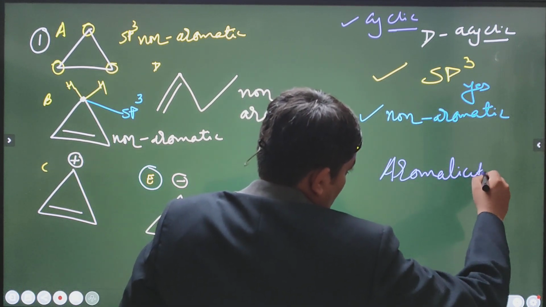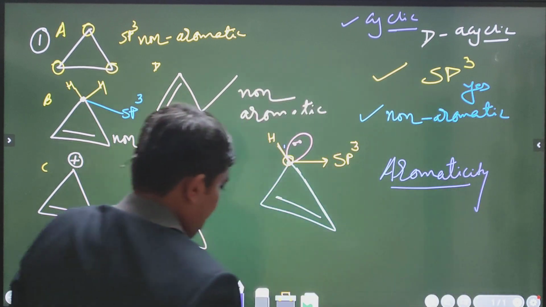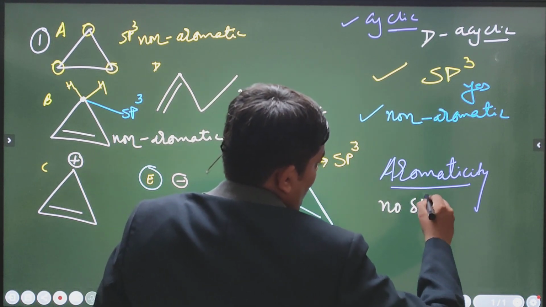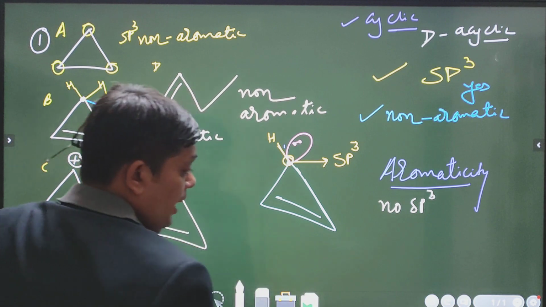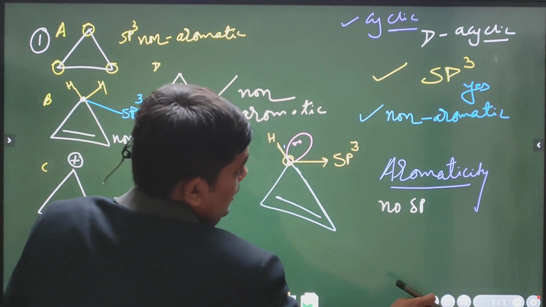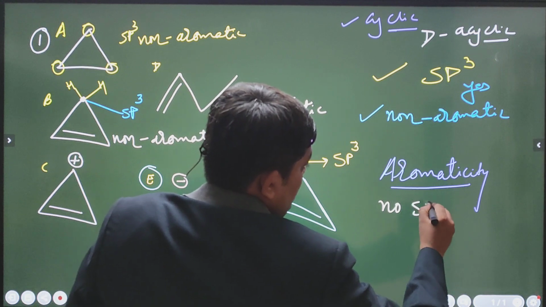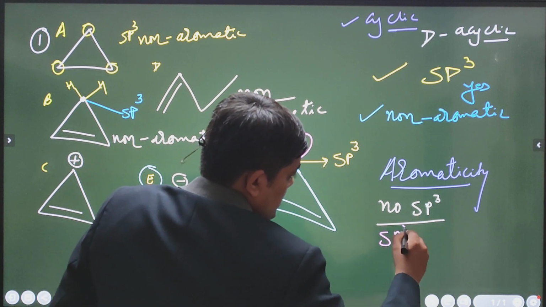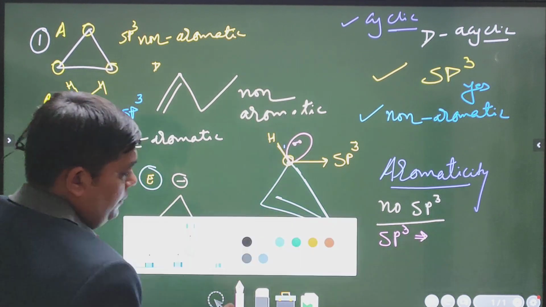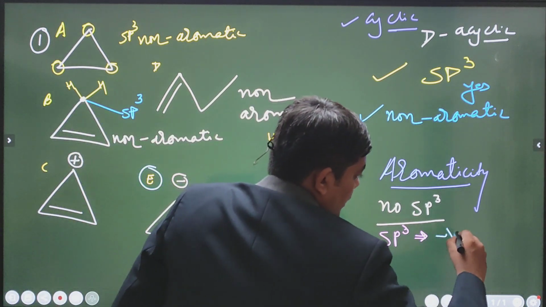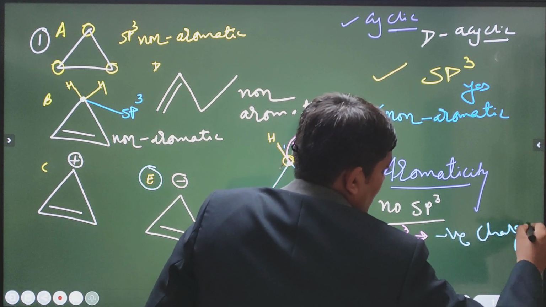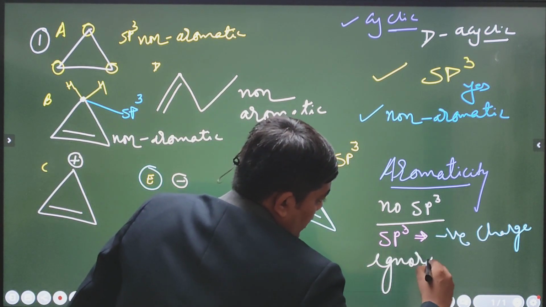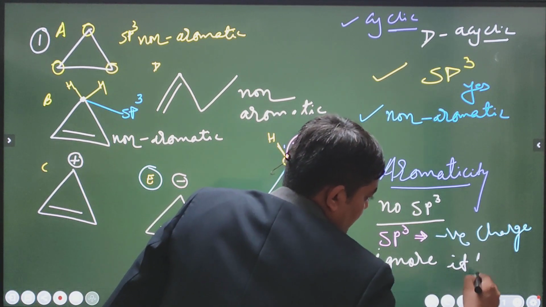In the topic aromaticity, if at all there are no sp3 carbons, and the only sp3 carbon that is present is because of the negative charge, then a very popular word in science, ignore it.